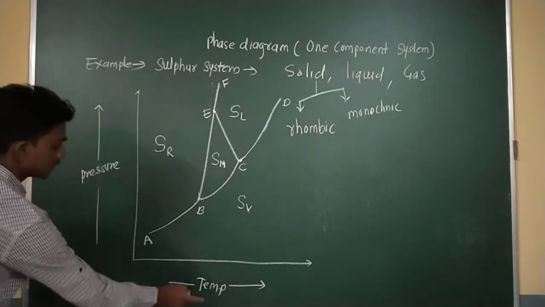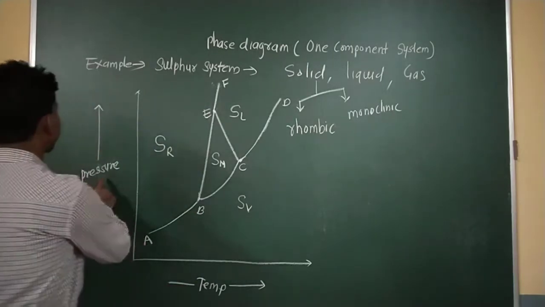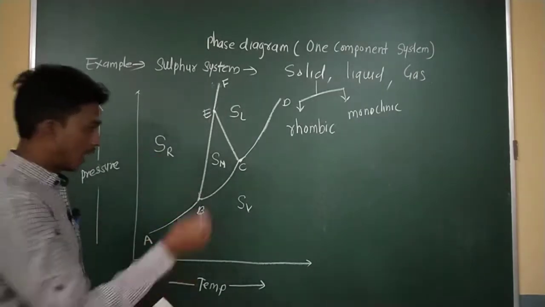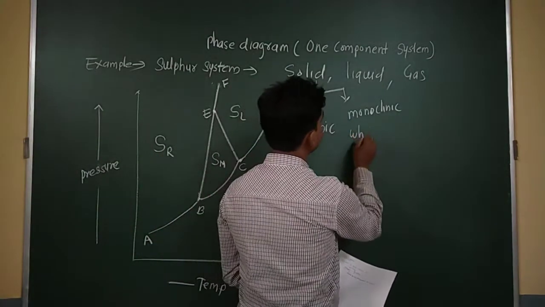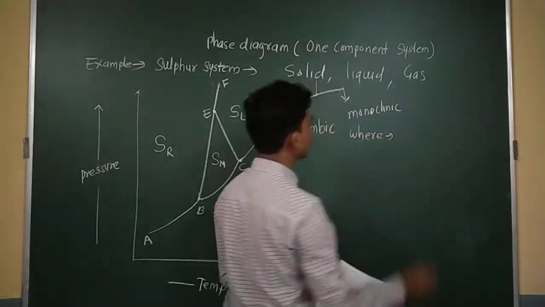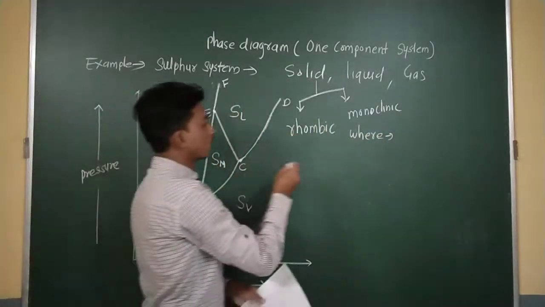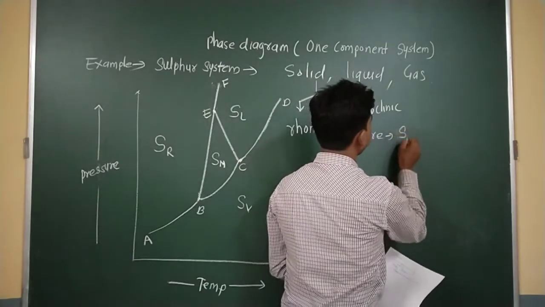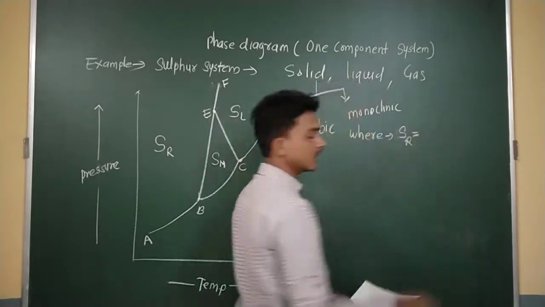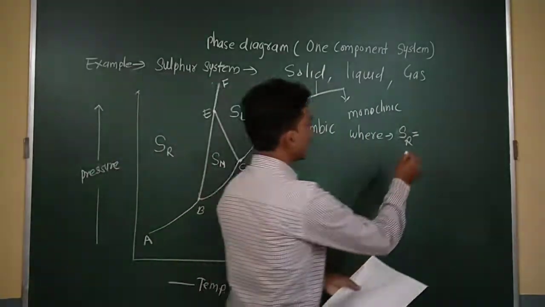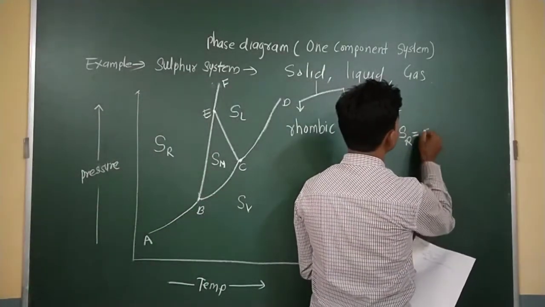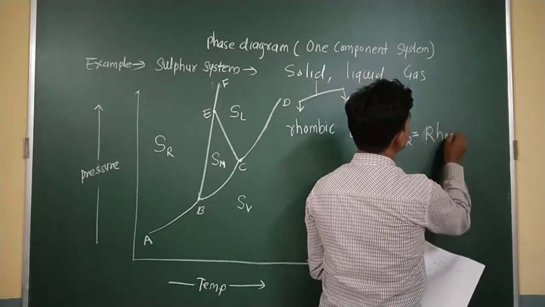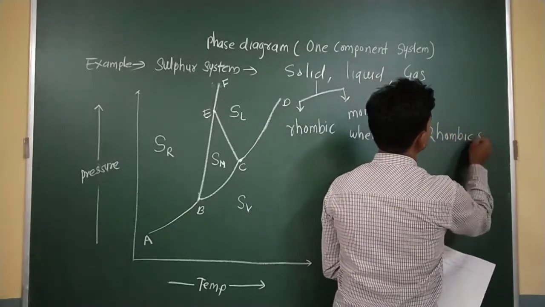This is the pressure and this is the temperature. Here I am writing SR, which you have to write in your notebook in the phase diagram. SR, with S capital and R in the subscript, means rhombic sulfur.